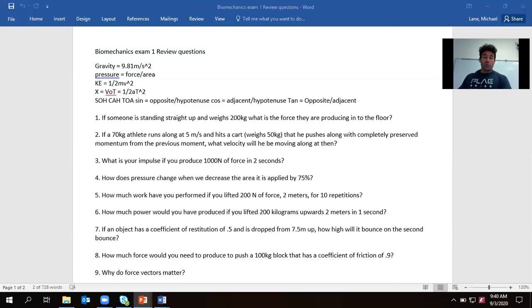In the examples that we're using with Earth gravity, yes, Catherine, it's going to be 9.81 meters per second squared. That's why it's literally sitting at the top of the review.